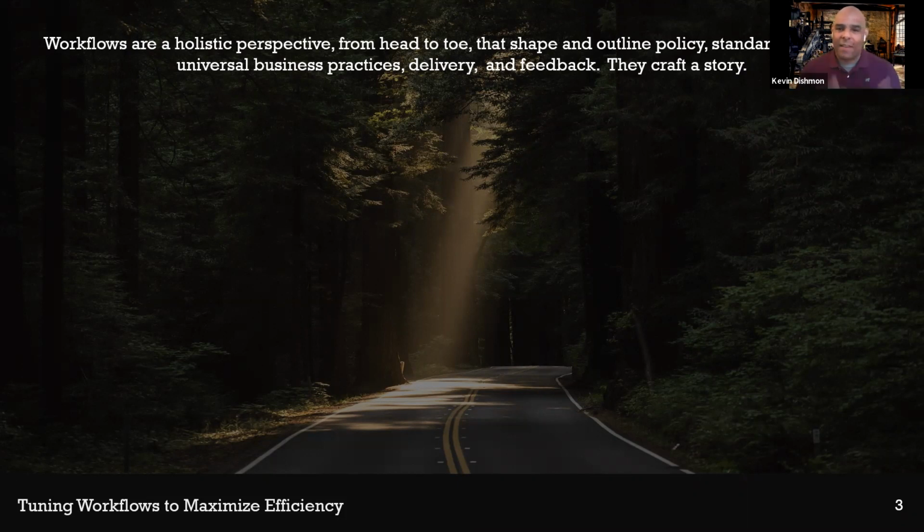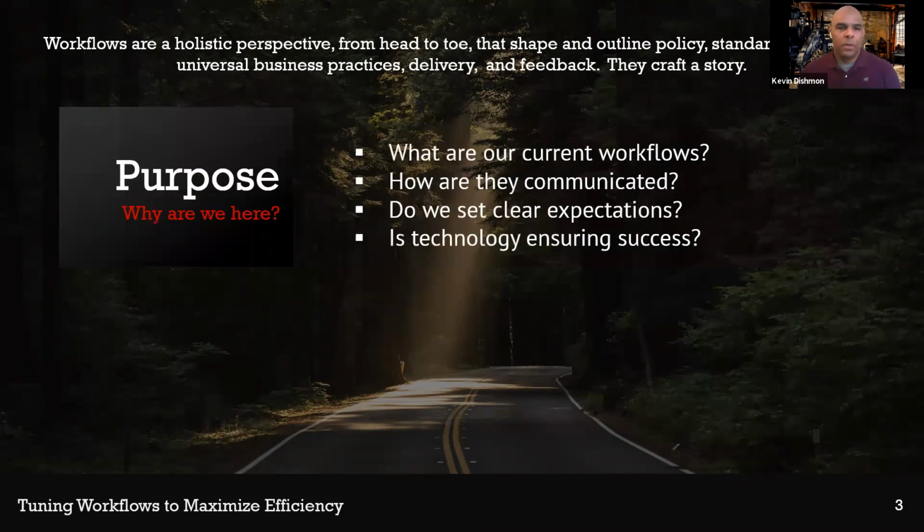They have a beginning, they have a middle, and they have an end, and then sometimes we rewrite them, and sometimes we put them into a movie, and other times we just put them to print and publish those accordingly. So in crafting our story, that's what we're talking about when we speak of workflows: that head to toe, full perspective of how things get done.